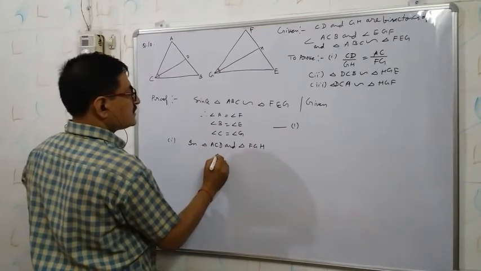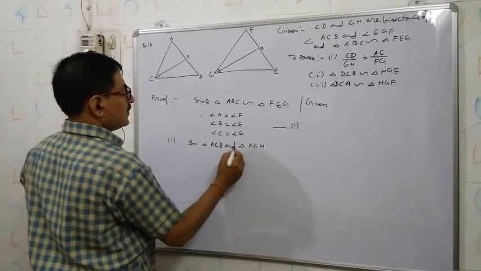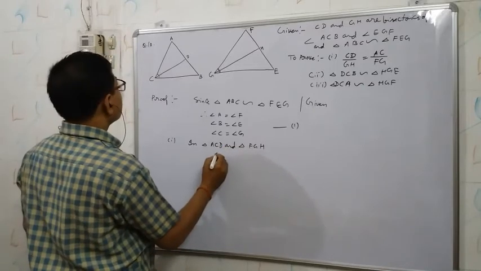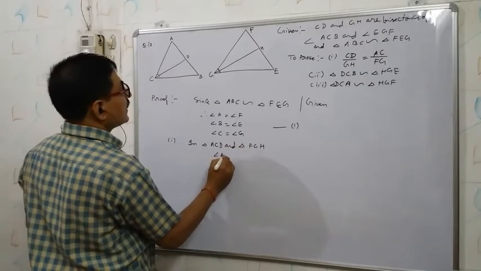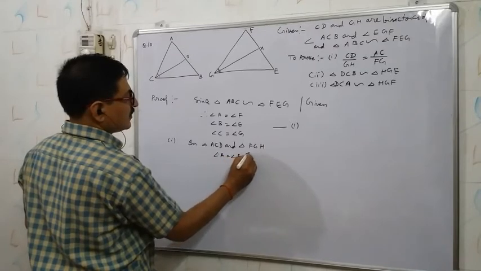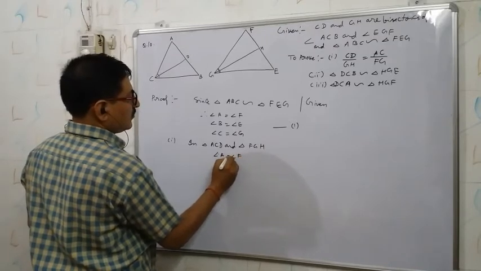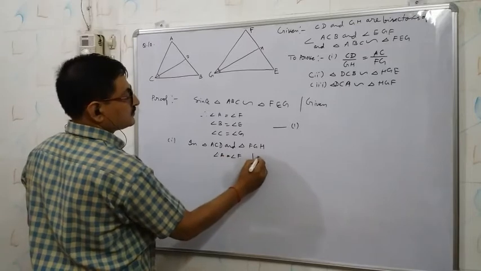You will see that, students. First we have to prove that they are similar. Angle A equal to angle F, that is given from 1.